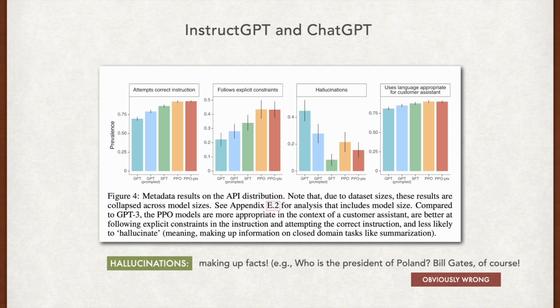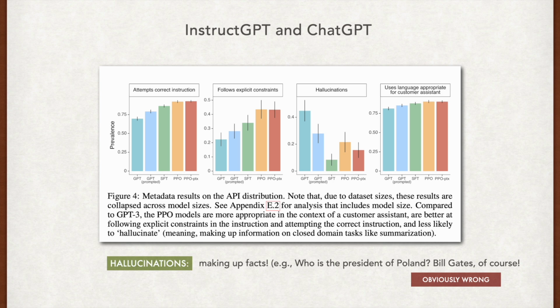They also noticed that InstructGPT outputs are more appropriate in the context of a customer assistant, more often follow explicit constraints defined in the instruction, for instance, write your answer in 2 paragraphs or less, and are less likely to fail to follow the correct instruction entirely and make up facts, to hallucinate. Hallucinations here are defined as facts that are made up.